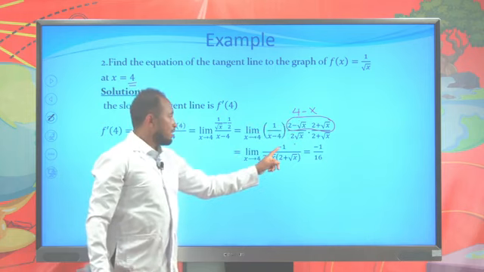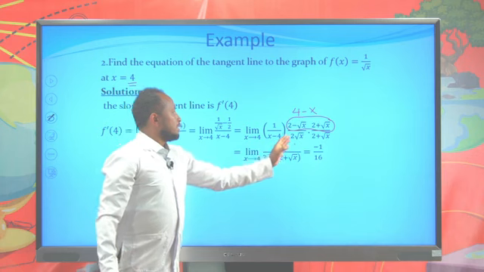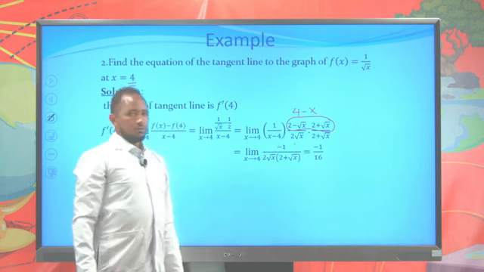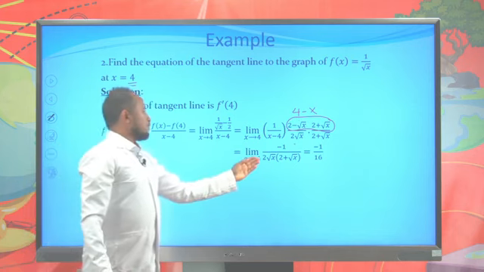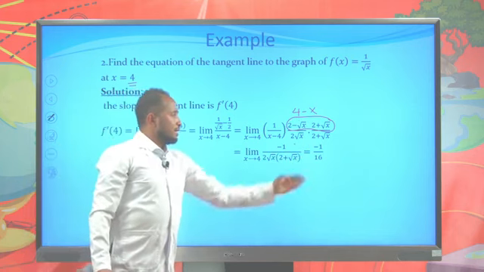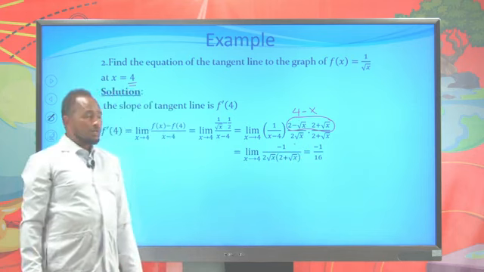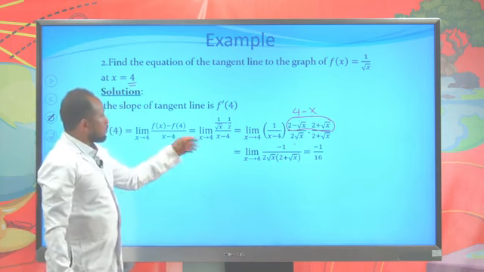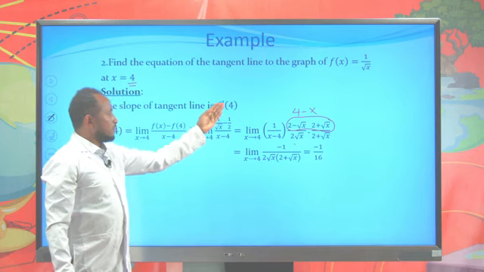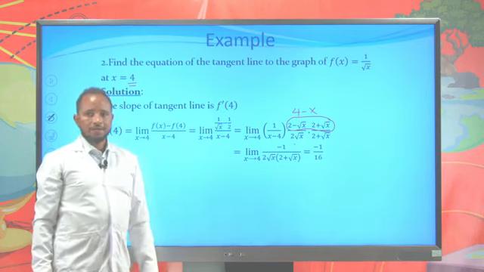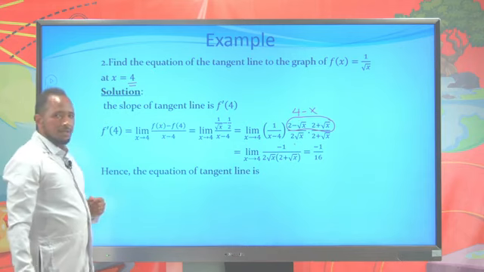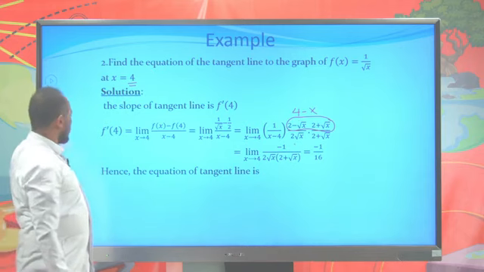It's negative 1 over the remaining part, which is 2 root x times 2 plus the square root of x. When you put 4 in this expression, you get negative 1 over 16. Therefore, the slope of the tangent line at 4, or f derivative of 4, is negative 1 over 16. Now, once we have found the slope, we can write the equation using this formula.